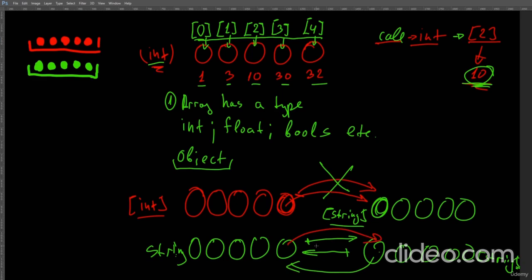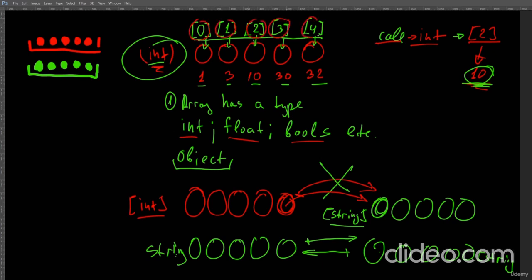So this is the basic of how you can communicate with an array. And of course, if you have two arrays of type object, you can transfer data between those two. In order to summarize, the first thing is that arrays have a type, in this case integer, and it can be whatever else you want: float, bool, string, name, etc. The second thing is that an array holds different types of data under an index, and to get the data you first need to call the array and then call the index that you want the data from.